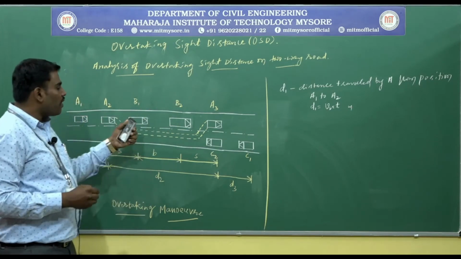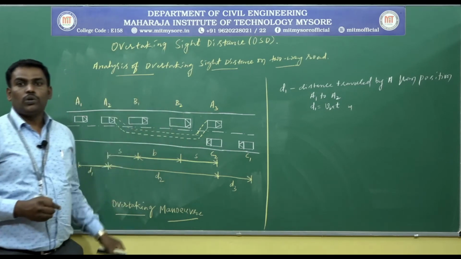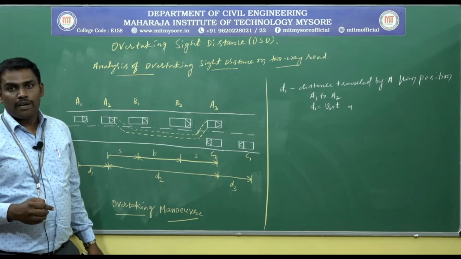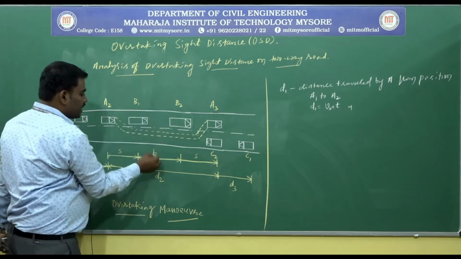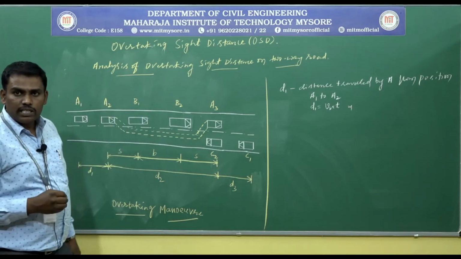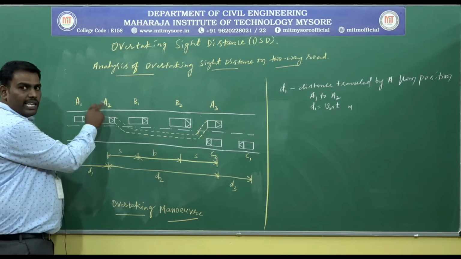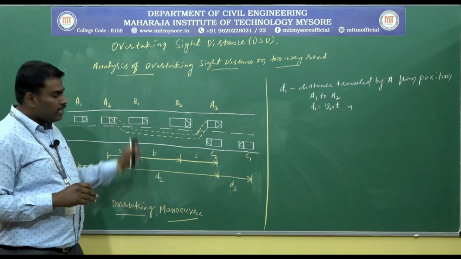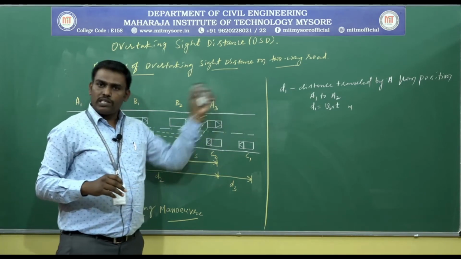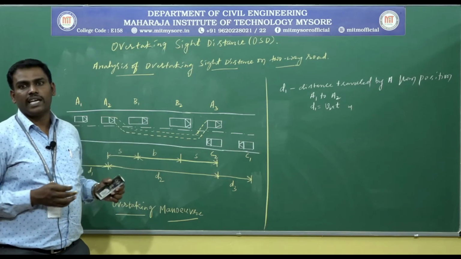The distance covered by the slow moving vehicle from B1 to B2 during the overtaking operation time is B. When vehicle A starts overtaking the slow moving vehicle and shifts back to the original lane, it takes some time, that is the overtaking time.